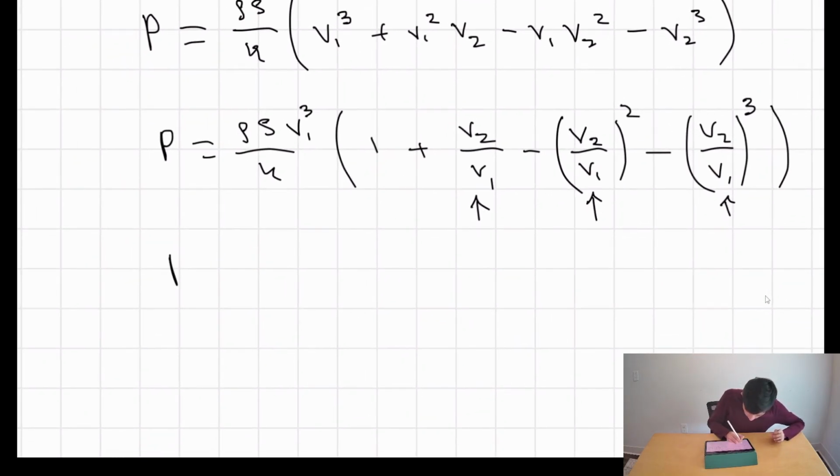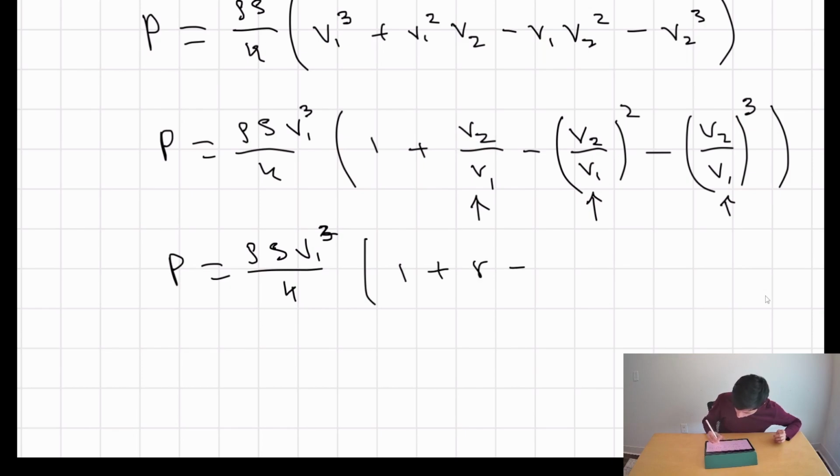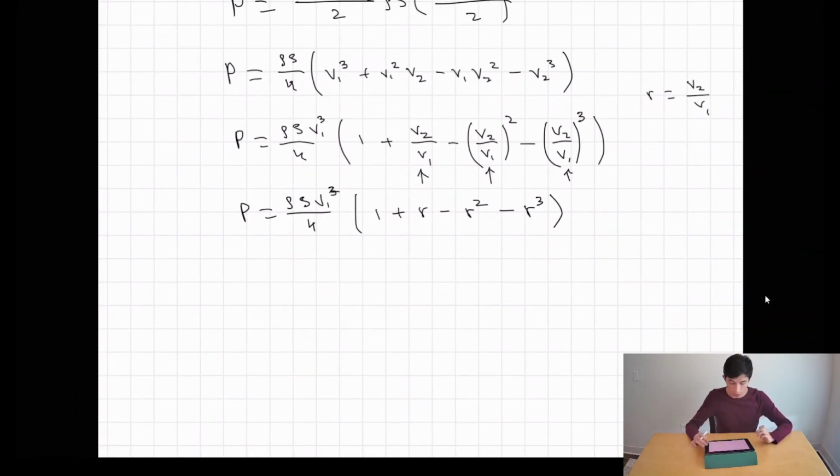So we're going to change those V2 over V1 to R minus R squared minus R cubed. Okay, and in order to find the maximum power, we need to take a derivative.